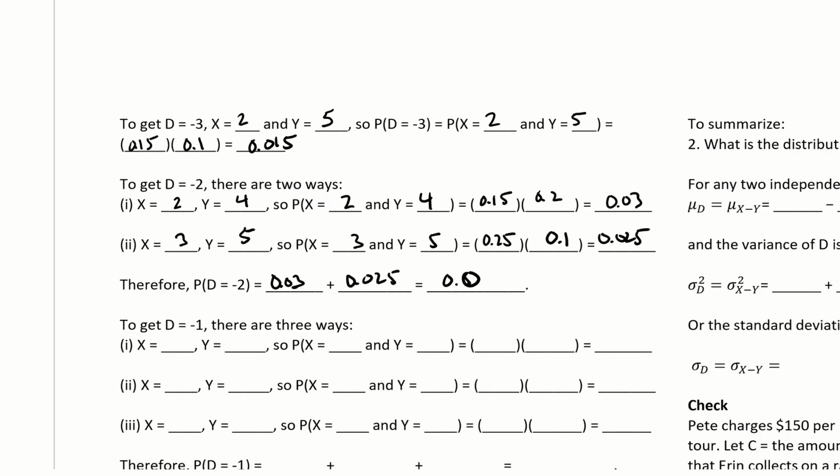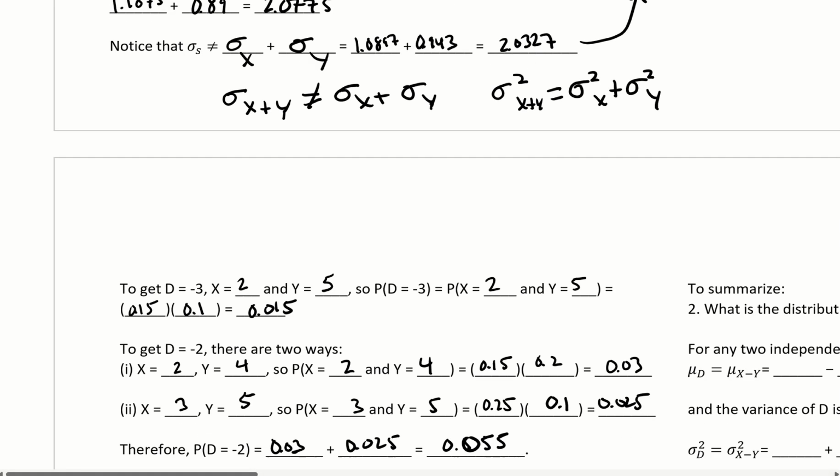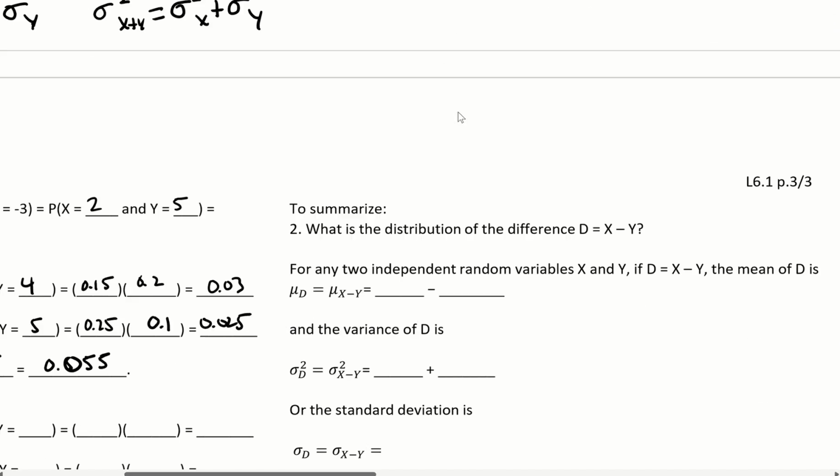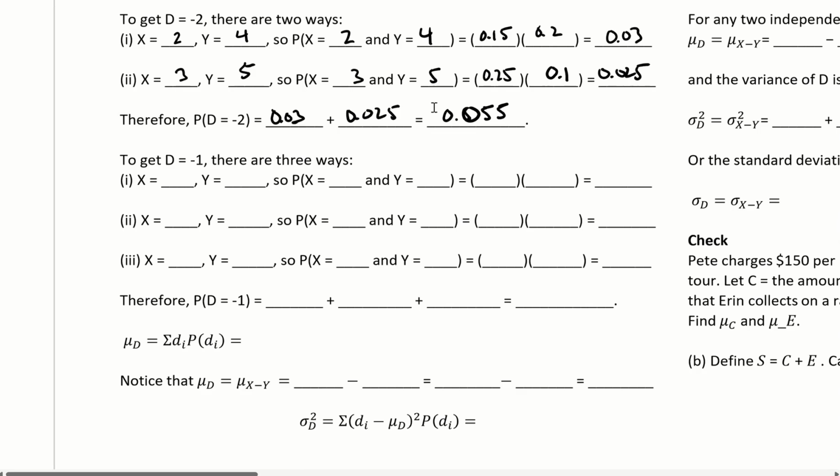Add those together and you get 0.055. So we can put that in the table here, again going a little bit faster. For d equals -1, there are 3 ways to do that. You can do x equals 2, y equals 3, so that's 2 minus 3; Pete's x equals 3, Aaron's y equals 4; or Pete's x equals 4 and Aaron's y equals 5.